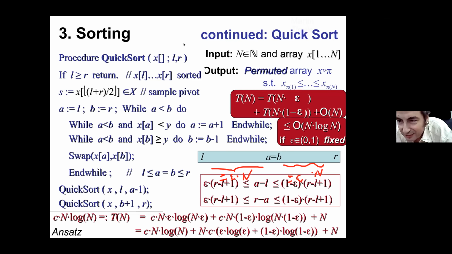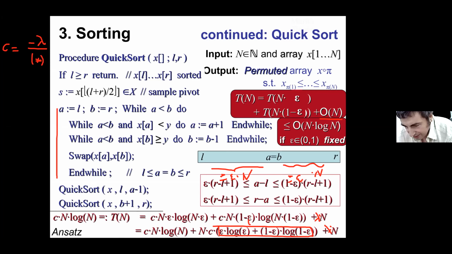This O of n, which comes from this partitioning, is what cost me O of n. It is some constant times n, which is a constant lambda. And then we said how we can calculate this C. C was minus lambda divided by this star in parentheses, where this star was this number: epsilon times log of epsilon plus 1 minus epsilon times log of 1 minus epsilon.